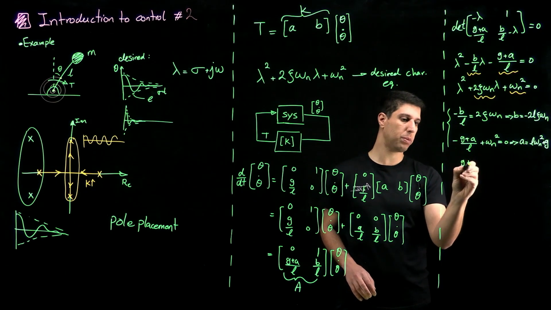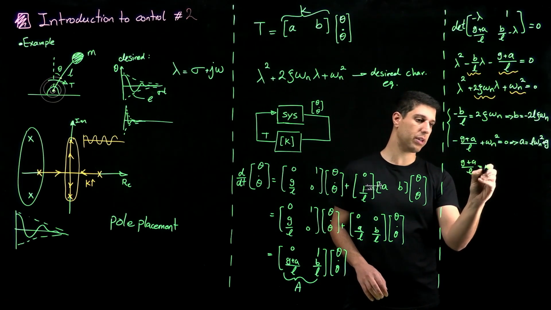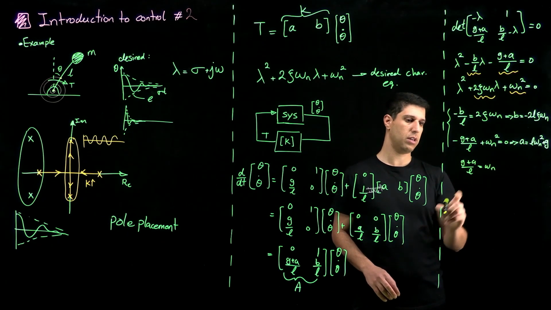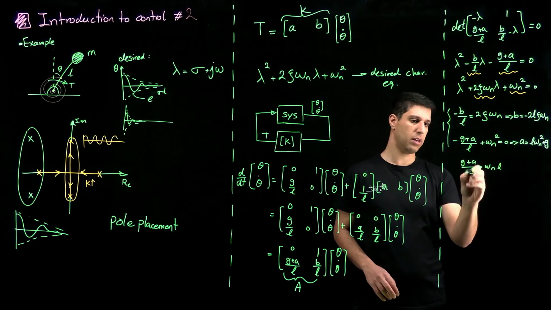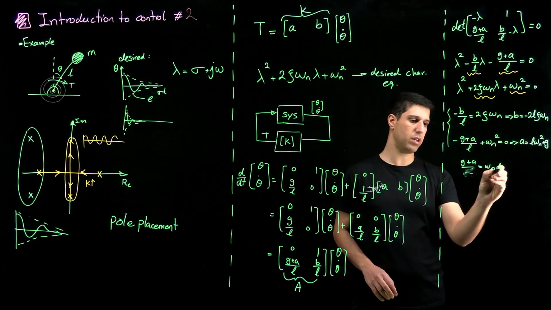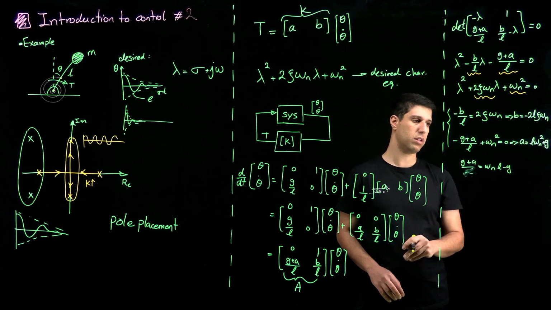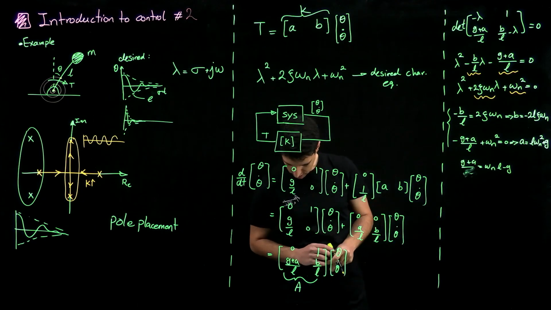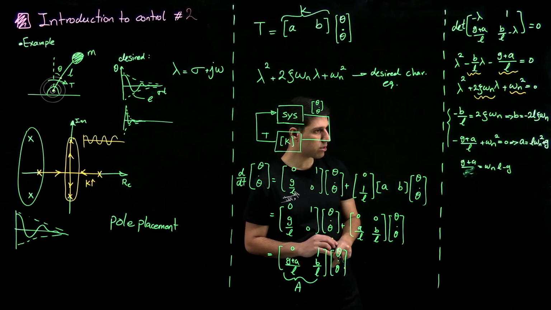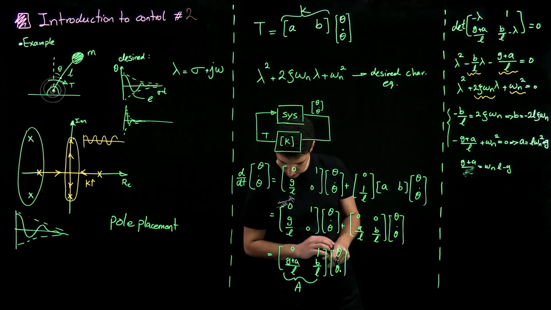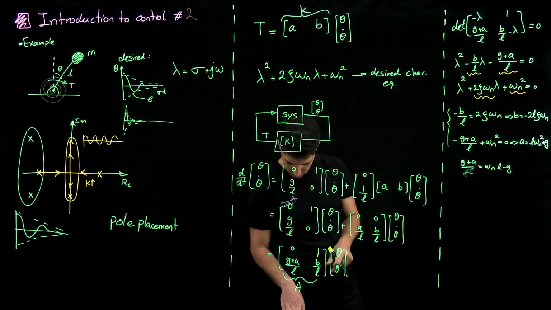So G plus A over L equals minus omega n squared, so A is minus L omega n squared minus G. That still doesn't work. Maybe it is correct, maybe my note is not correct.